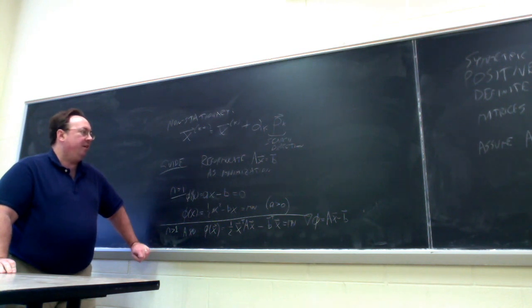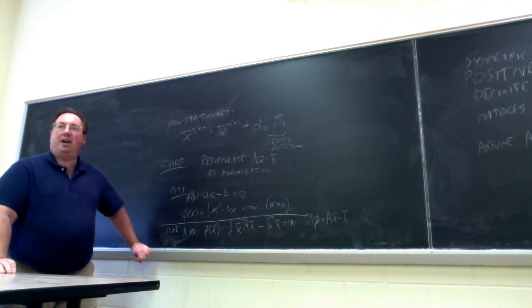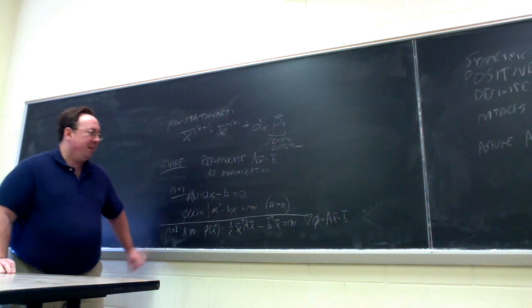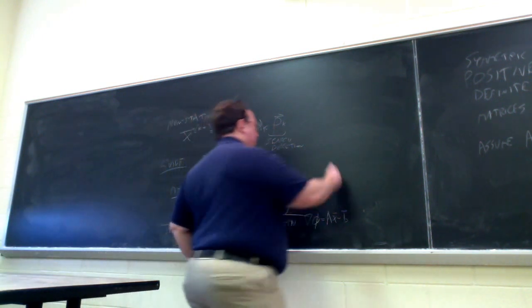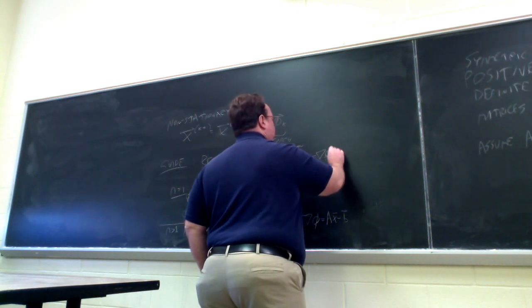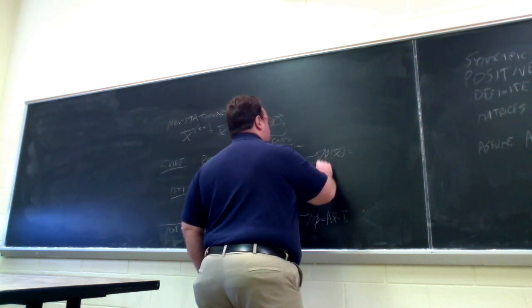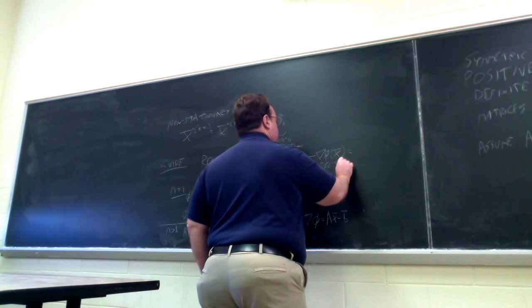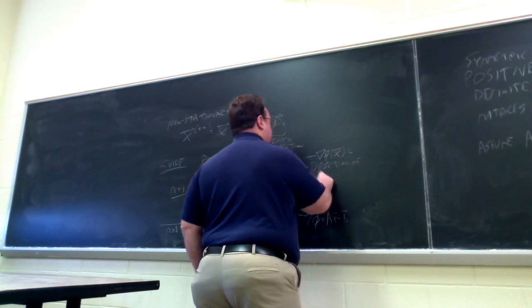Now, there's a concept from multivariable calculus called the direction of steepest descent. Does anyone remember what that is? Minus the gradient of phi at any given x, that is the direction of steepest descent.